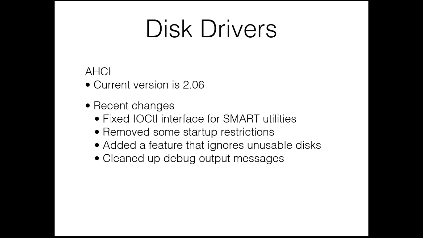Otherwise, it'll just ignore the disk. This is to prevent accidental damage to non-MBR disks, like GPT disks. Also, I cleaned up some of the debug output messages that you might have seen in some of the test log outputs. That's going to be cleaner now with this version.